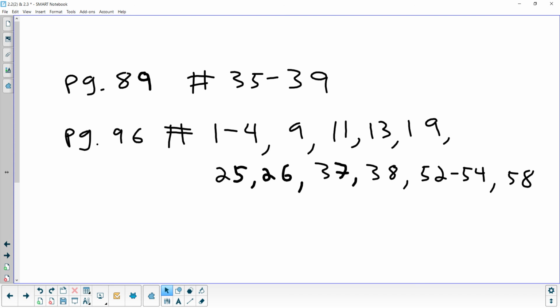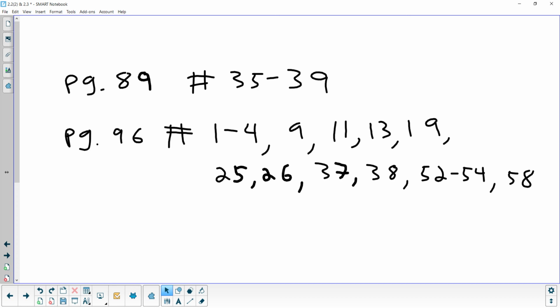So that's homework for tonight. 35 to 39, that's just a break-even problem. Find a graph and calculate where they cross. That's basically all those questions. And then page 96, that says 1 through 4, 9, 11, 13, 19, 25, 26, and then 37, 38, 52 to 54, and 58.